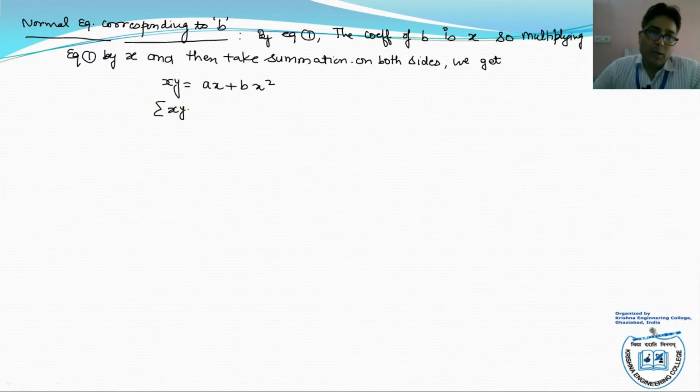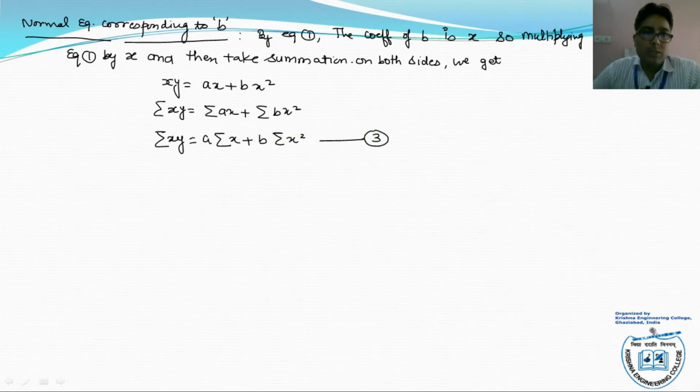Sigma xy = summation ax + summation bx². The constant a comes out of the summation, so this becomes a into sigma x plus b into sigma x². This is equation number third. This is the normal equation corresponding to constant b.